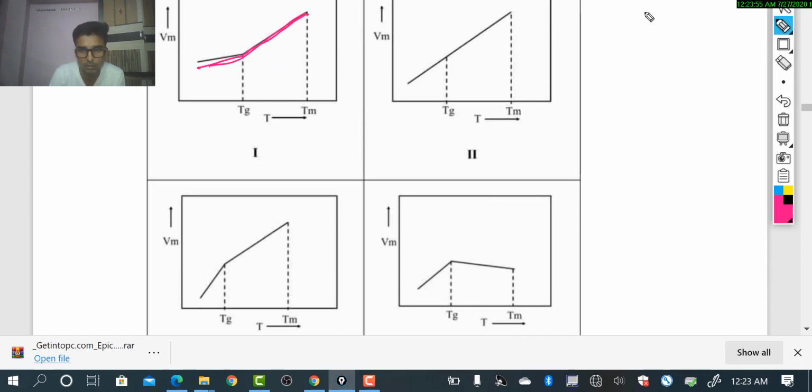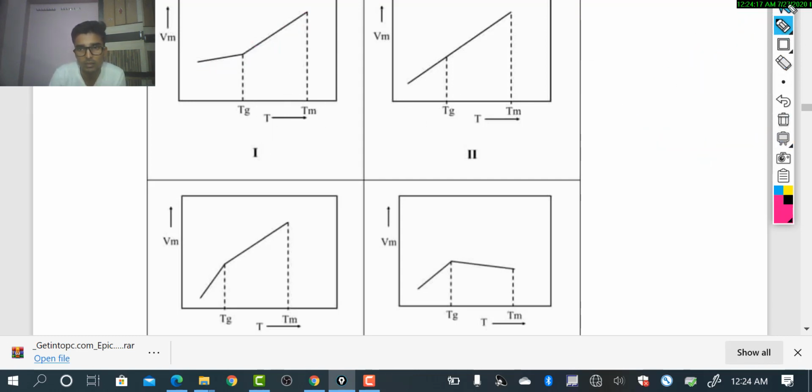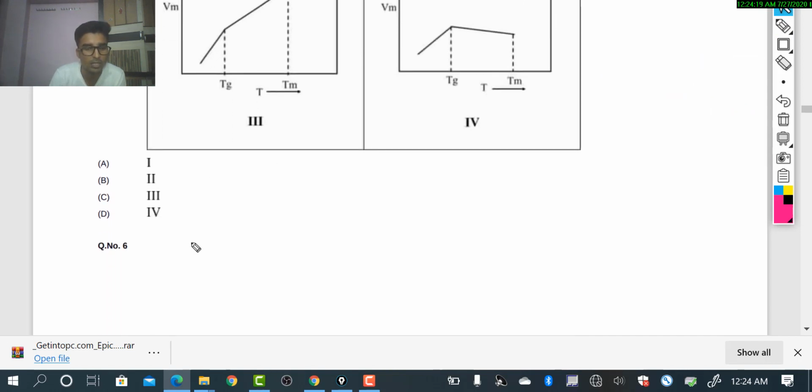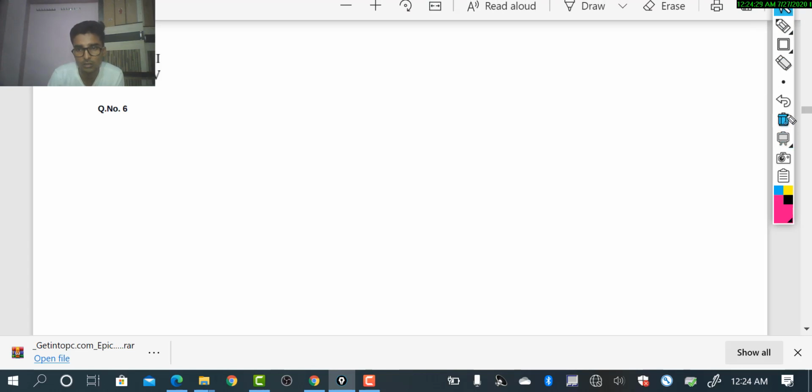For crystalline it will be like this, for melting like this. This is the melting point, and we take the tangent, and this one is the Tg. So the first option is the answer. Option A is the answer for question 5. You can mark it here.